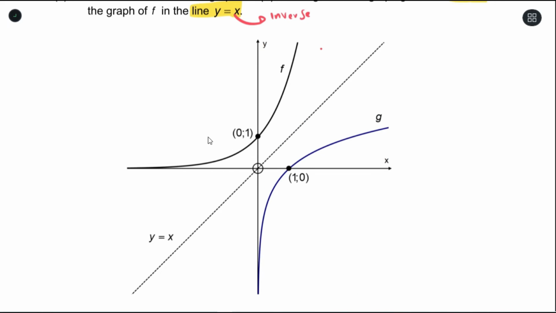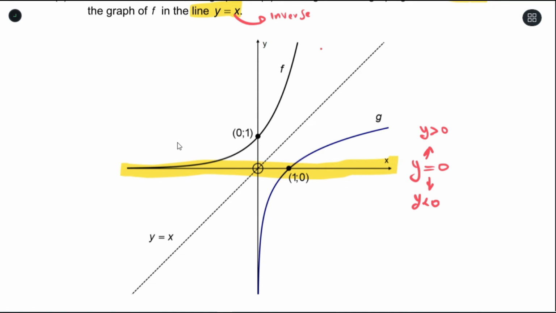To answer this question, we need to focus on the x-axis line. This line here is your x-axis, and on the x-axis line, y equals 0. Anything above it, y is greater than 0, and anything below it, y is less than 0.